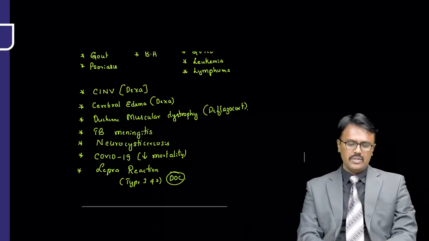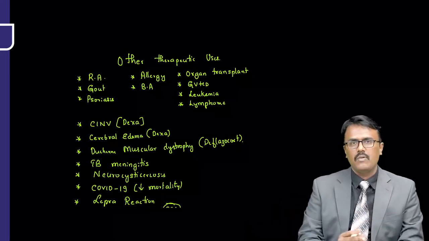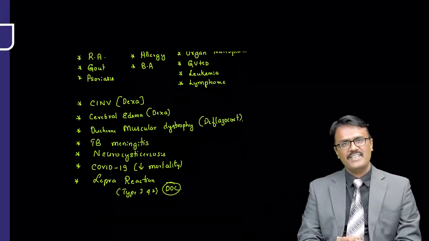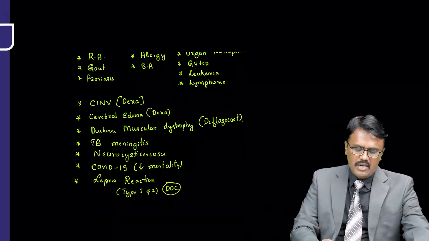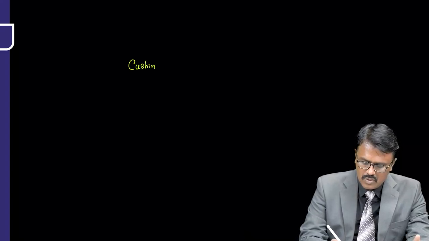So this is the extensive use of steroids which we already know, but I'm just summarizing that in one slide so it is easy when you revise it again, guys. Okay. So until now we know the uses, adverse effects, contraindications and the concept of steroids. The last one is the management of Cushing disease. So they can ask you what are the drugs used in Cushing's disease.